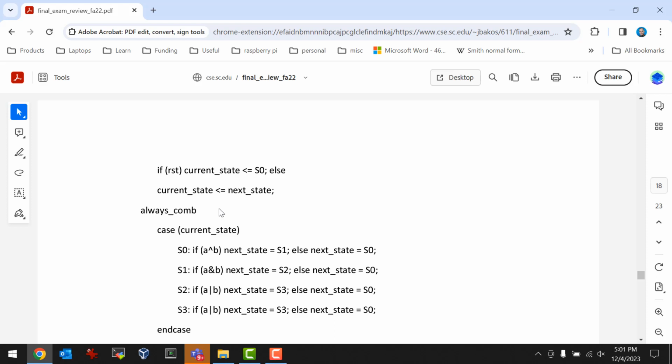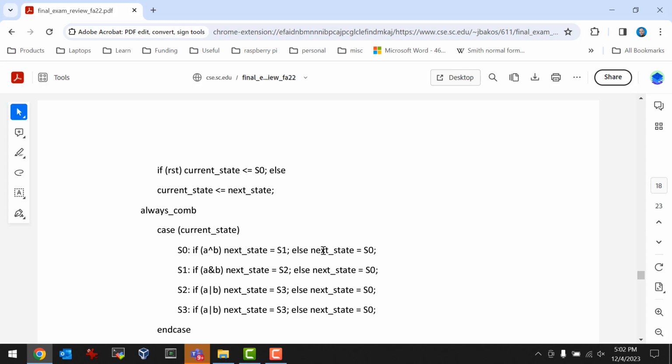If A doesn't equal B. If A equals B, then the XOR will give you all zeros, right? Make sense? Otherwise, the next state is S0, which means that's a wraparound, right?